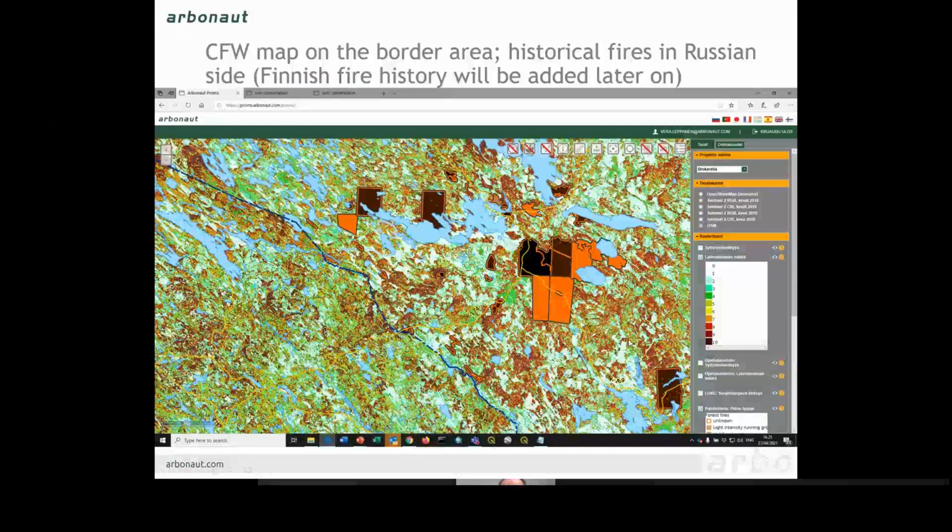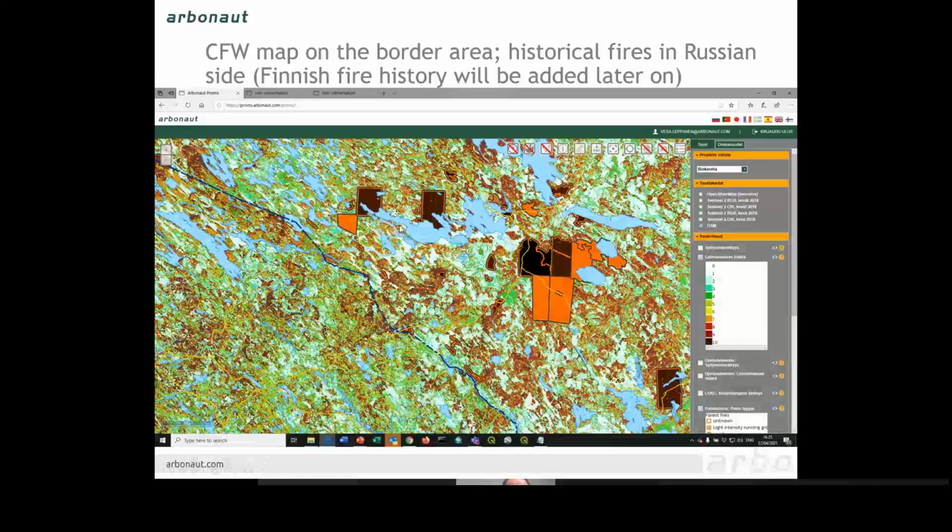We have some of the orange crowning fires happening here, and when we look at the scale bar, for example, this fire is closer than 5 kilometers from the Finnish border. So this would be something that the Finnish fire management officials should be quite interested in, if information comes that, okay, we have a crown fire here.